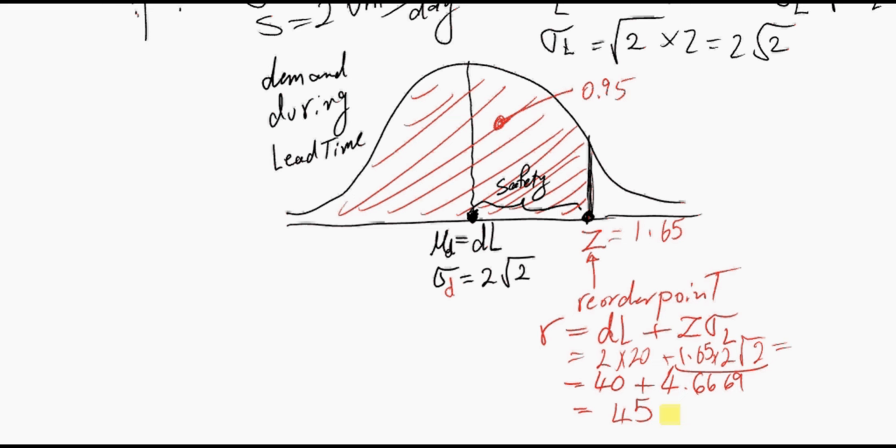So here we rounded up, here we rounded up, and basically this is a round up of what we need. So we'll say that if we put our reorder point at 45, we are at least 95% confident that the stockout will not happen, and the reorder safety stock is 5.